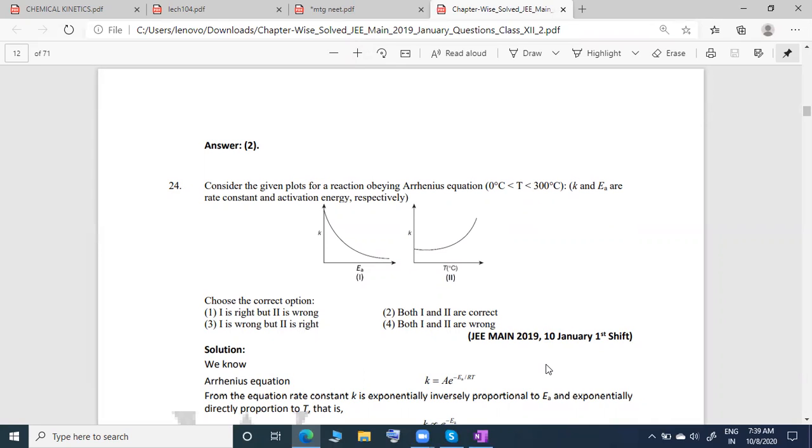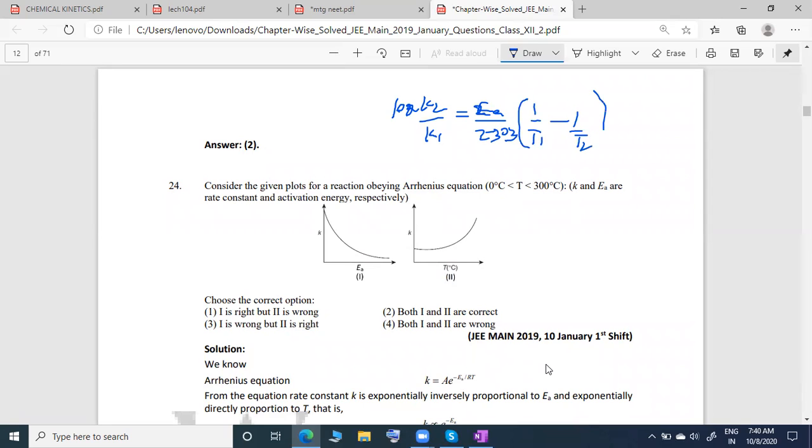So the higher the activation energy, the lower the rate constant, or the rate of reaction also you can say. We know that log of K2 by K1 equals EA by 2.303, 1 by T1 minus 1 by T2. So you can see in a simple way that the ratio will be more, but K will decrease with activation energy. The ratio will be more when activation energy is more, meaning the change is more.